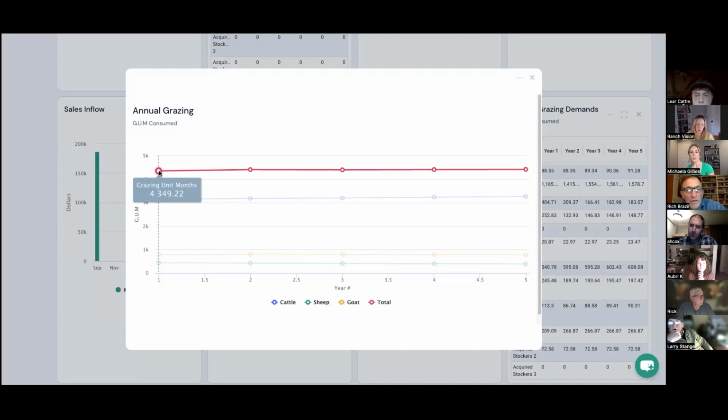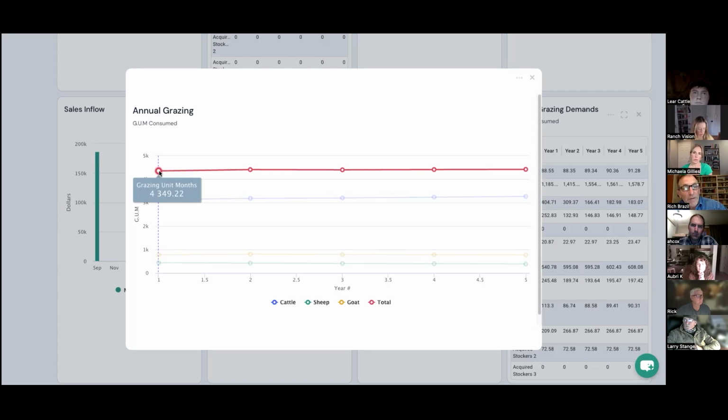This ranch right now, if this were yours, is 4,350 or so grazing unit months. If you're looking at acquiring additional grazing land, then you might want to think about how much more you're adding compared to this. So let's just say it's a quarter as much, about another 1,000 grazing unit months.